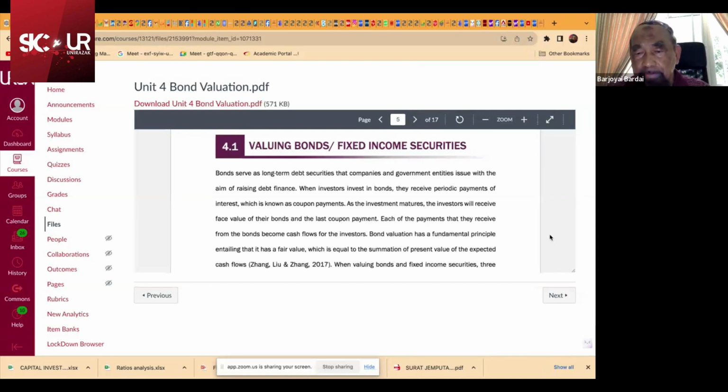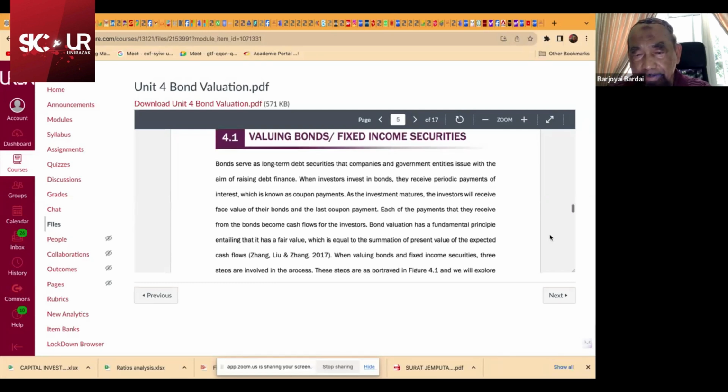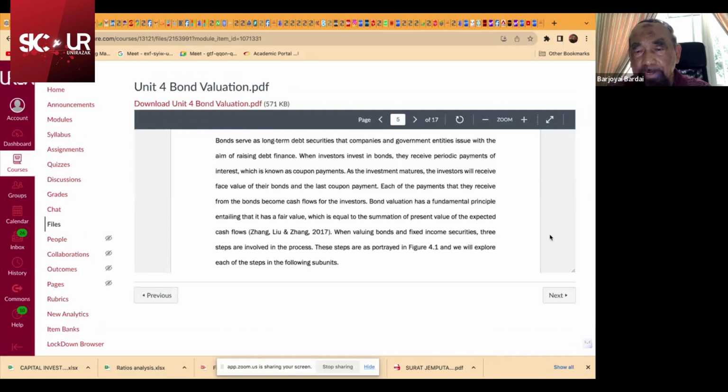Each of the payments that they receive from the bond becomes cash flow for the investor. So bond valuation has a fundamental principle: the fair value is equal to the summation of the present value of the expected cash flow.